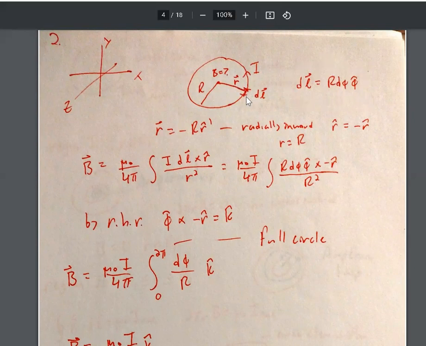And now we need the r vector that points from an arbitrary dl to where we want to know the magnetic field. Well, we want to know the magnetic field in the center of the loop. So that means we have to go some distance capital R and then toward the center of the circle. Well, r hat prime is radially outward, so minus r hat prime is radially inward.